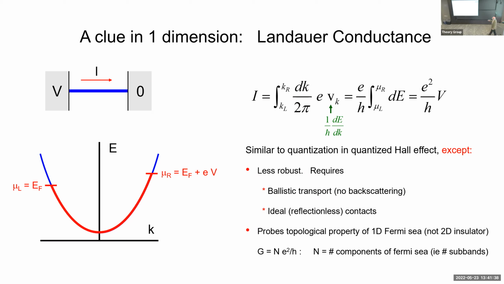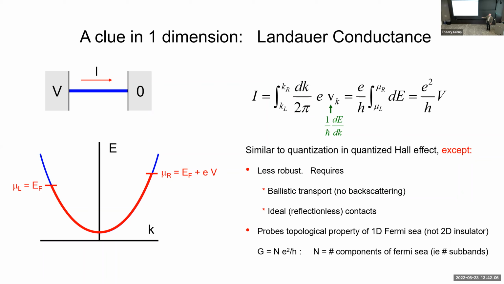Okay, now this quantization, the argument that I'm giving here is almost the same as the argument that you would give to describe the quantization of the electrical current carried by the edges of a quantum Hall state. Okay, so it's the same argument. The only difference is that this is not quite as good because what it requires is the absence of scattering.